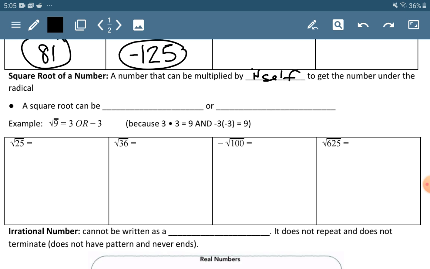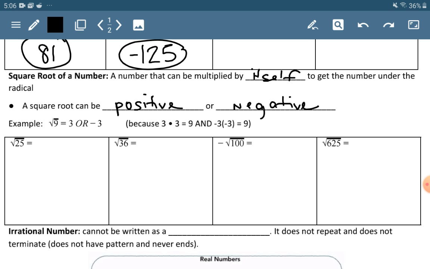A square root can be either positive or negative, and the example below shows that. So the square root of 9 could be 3 or negative 3, because positive 3 times positive 3 equals 9, and negative 3 times negative 3 equals 9. So the square root of 9 is either 3 or negative 3.